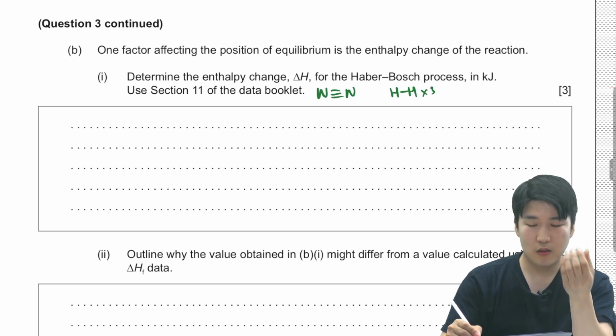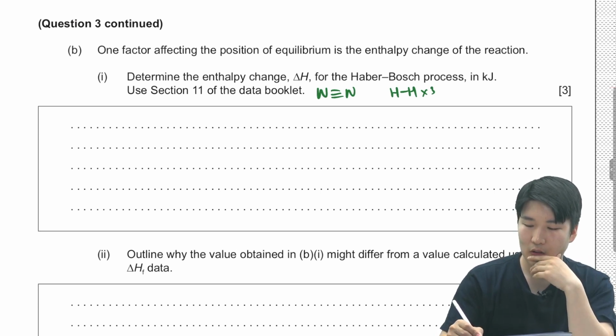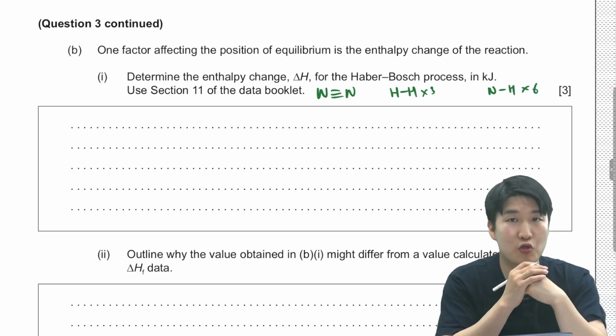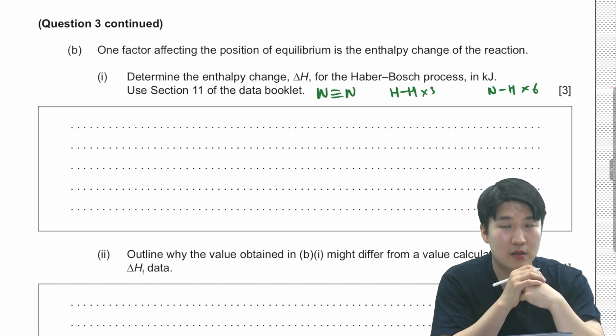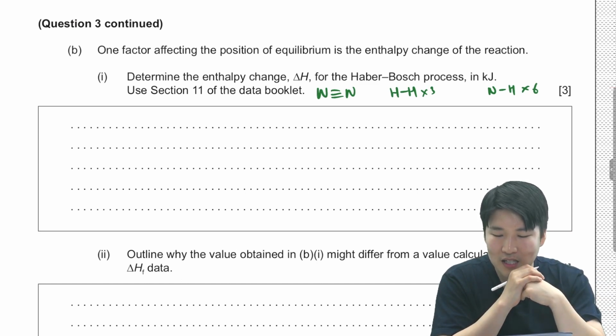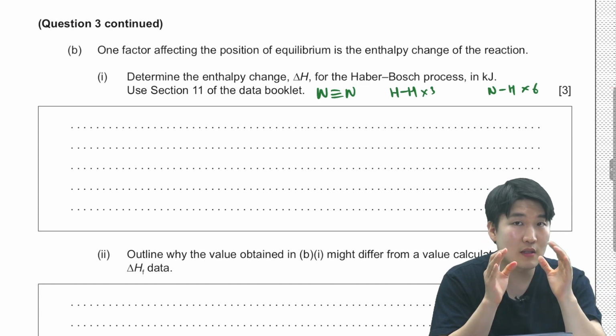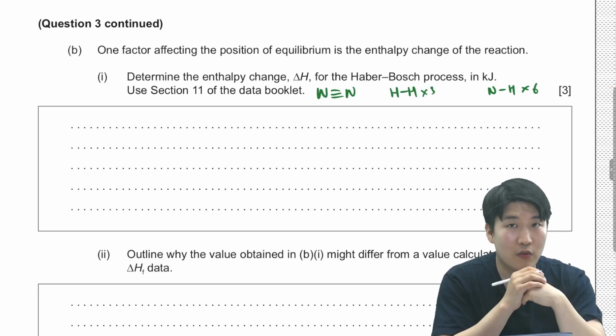This will require energy input, but we will be releasing energy when we form 6 nitrogen to hydrogen single covalent bonds. 6 because 2 molecules of ammonia will have 6 NH covalent bonds.